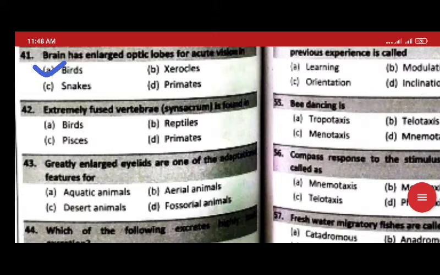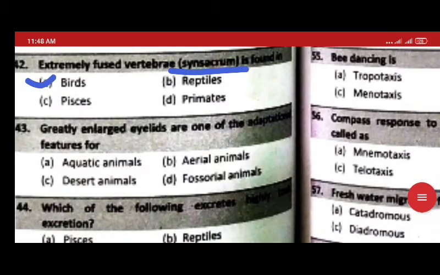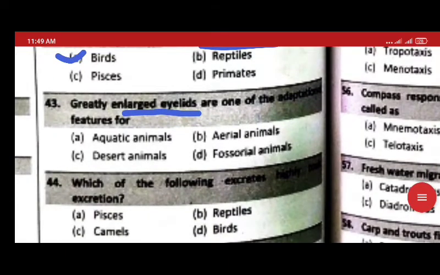So extremely fused vertebrae, synsacrum. So if you say synsacrum fused, then that is bird, for flying. Now greatly enlarged eyelid is one of the adaptation features. So eyelid is enlarged. So this type of characteristic we can see, eyelid got enlarged, in desert type of adaptation.